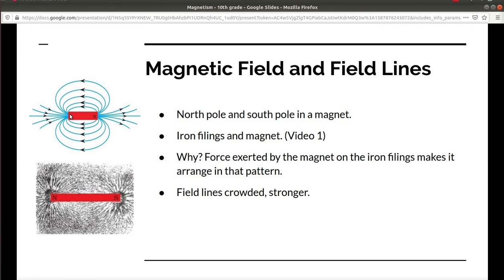Now I forgot to tell you what north pole and south pole in a magnet are. They are basically the ends of the magnet. Okay, so you have an N, that is your north pole, and an S, that is your south pole. One other thing that you should know about magnets is that if a north pole is kept next to another north pole, they do not like each other, so they will push each other away.